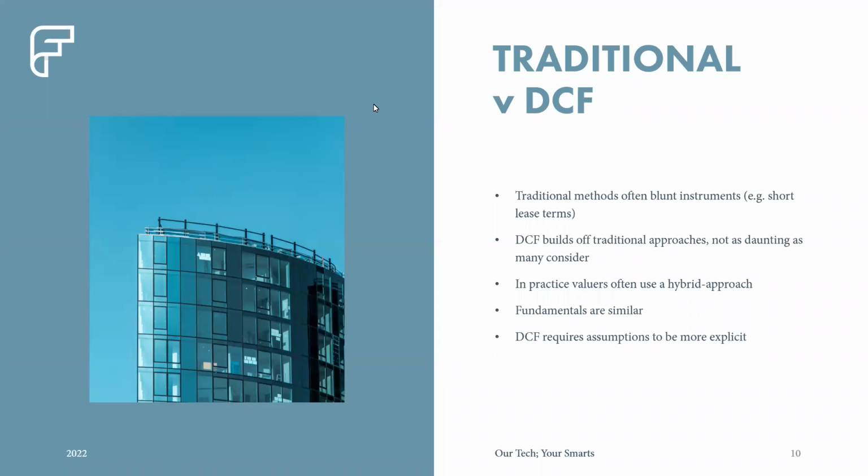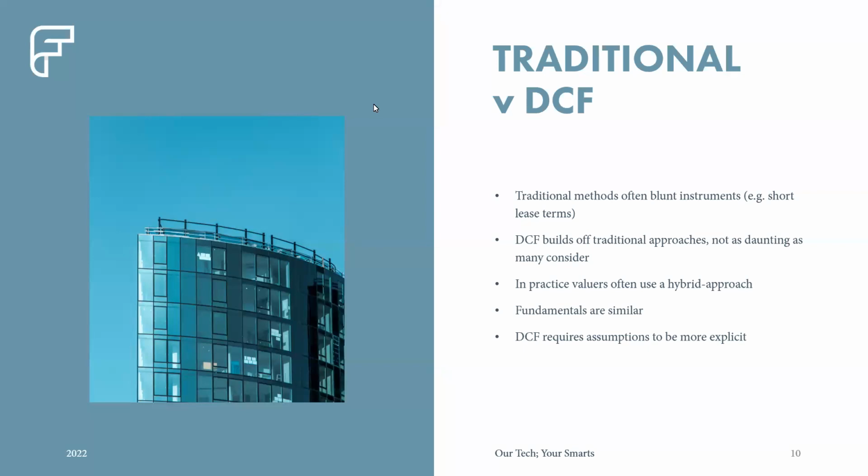For example, if you've got short leases or lots of costs. DCF is much more specific in those regards, but there are many similarities in the way the two approaches work. So moving to a DCF should be a lot less daunting than people initially think.